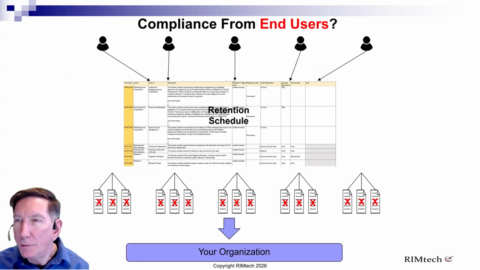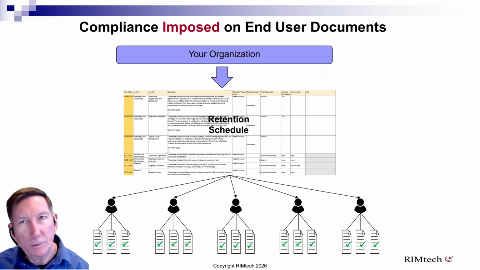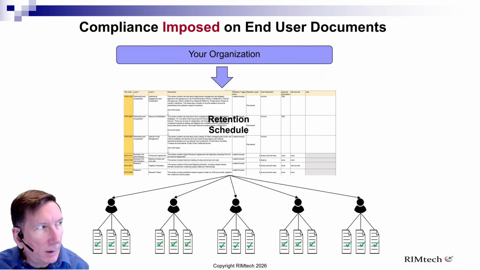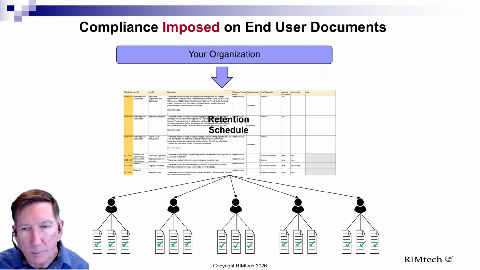You know that. So 2 schools of thought. Number 1, compliance comes from end users. They have a responsibility to manage their records. That's school of thought number 1. School of thought number 2 is, wait a minute, that's not going to work. We need to impose compliance on end users. If a user thinks this document should be kept for 5 years, but the retention rules says 10 from the retention schedule, well, too bad.